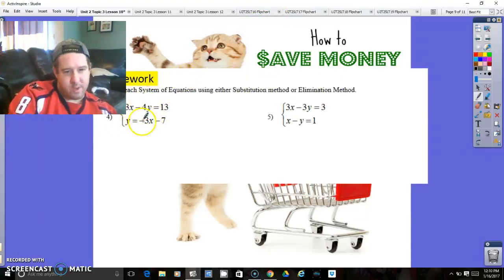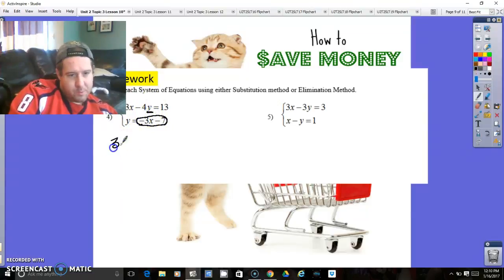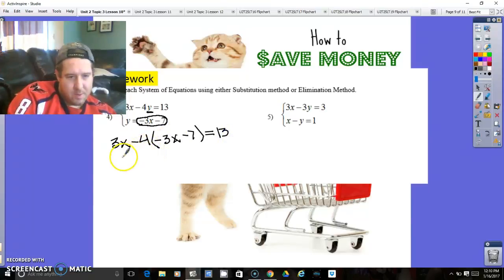Now, looking at the first equation, I think substitution would be the easiest because they've already solved it for y. So all I've got to do is take this and plug it in right there. So 3 times x minus 4 times, let's substitute, negative 3x minus 7 in for y equals 13. Now we're going to use the distributive property: 3x plus 12x.